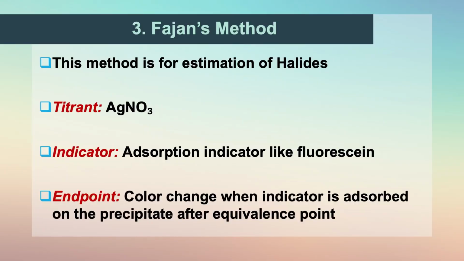In all the 3 methods we have studied, the titrant is AgNO3, and in all the 3 cases we dealt with the estimation of halide ion, chloride, bromide or iodide ion.